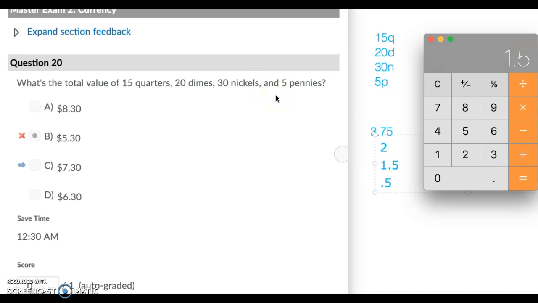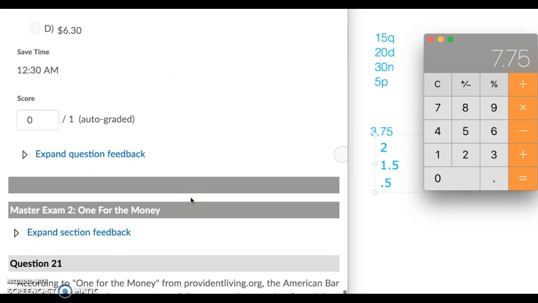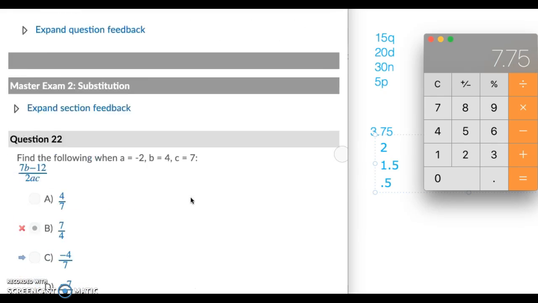So that plus 0.05 plus 2 plus 3.75. I'll have to go and check that because I think that we did that right, so I'm not sure why it's giving me that number. I'll have to submit a course fix for that one.